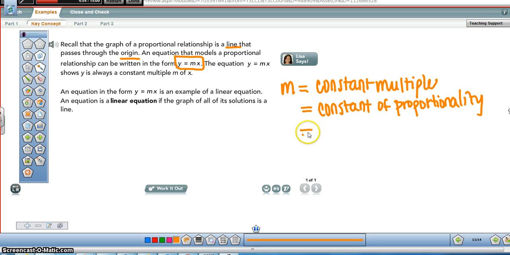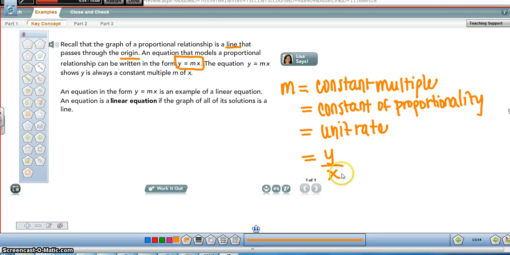And as we've learned before, it's always equal to our unit rate. Maybe one other thing you might remember is that we always find it by doing y over x. Y is always our dependent variable, and x is always our independent variable.